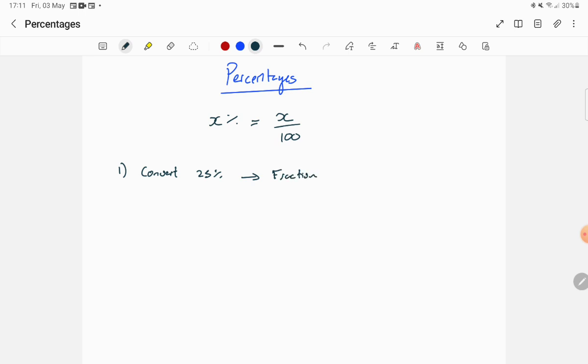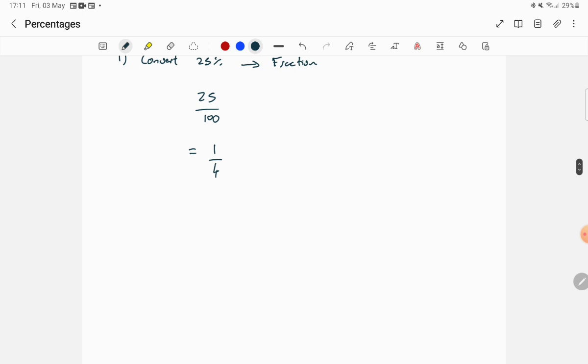First you would rewrite the percentage as a fraction out of 100. That would be 25 over 100, and then to simplify it, we divide the top and the bottom by a common factor. That would be dividing the top by 25 and the bottom by 25, and we are left with 1 over 4. Simple enough.